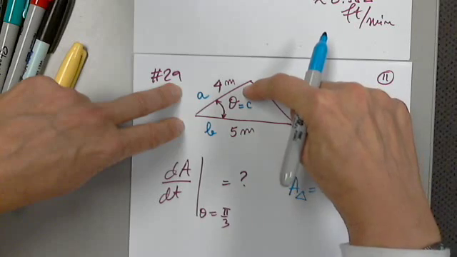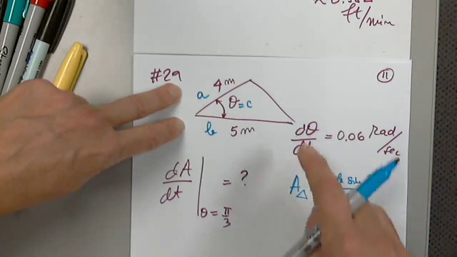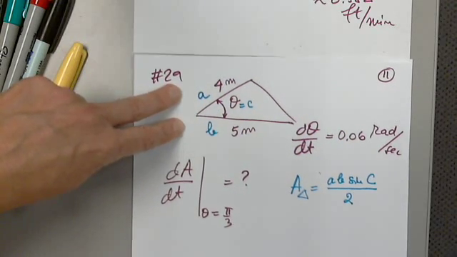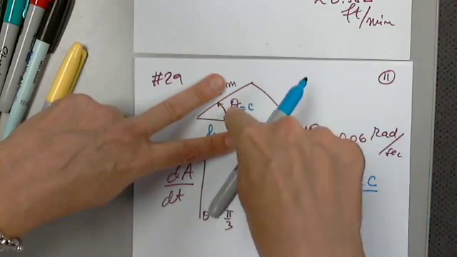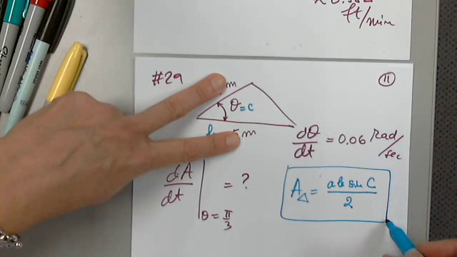If C is given here, and these two sides, we cannot use this formula. So the requirement is 2 sides and the angle in between. Then we can use this form of the area of a triangle.